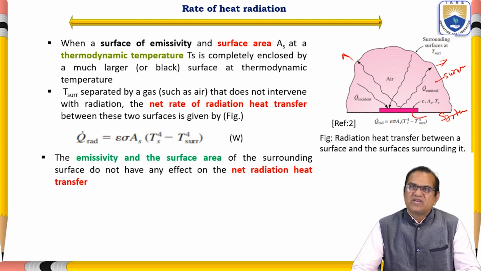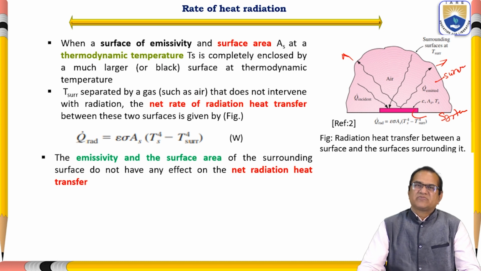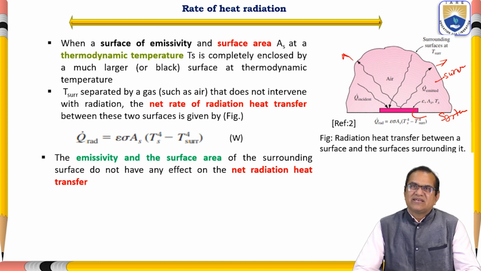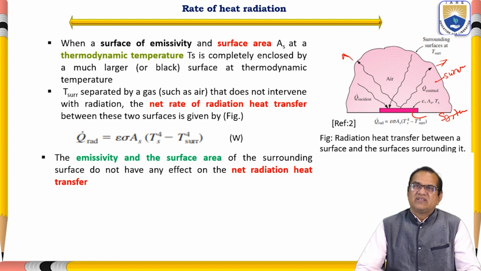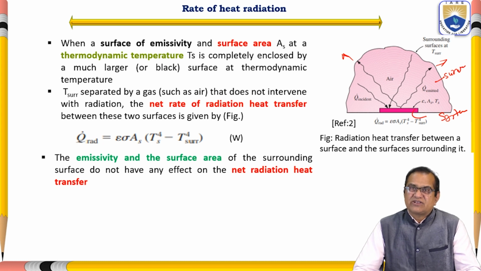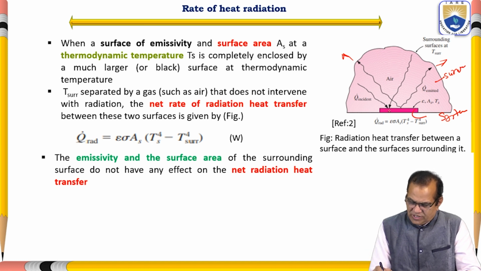When a surface of emissivity epsilon and surface area As at a thermodynamic temperature Ts is completely enclosed by a much larger black surface at thermodynamic temperature T surrounding, separated by a gas such as air that does not intervene with radiation, the net rate of radiation heat transfer between these two surfaces is given by this.